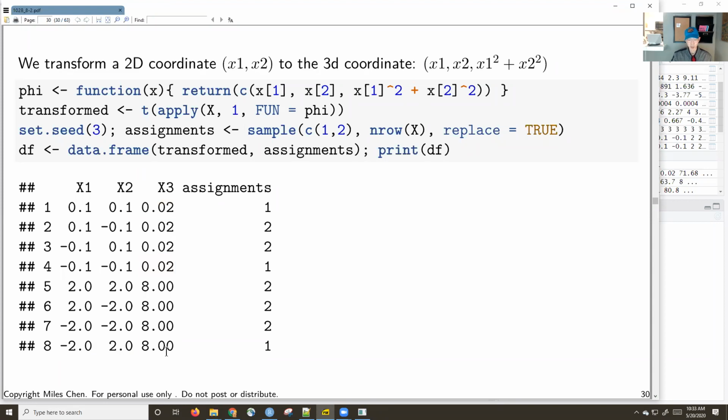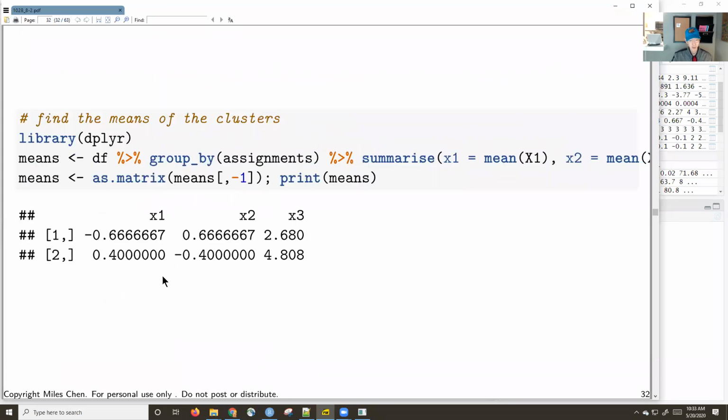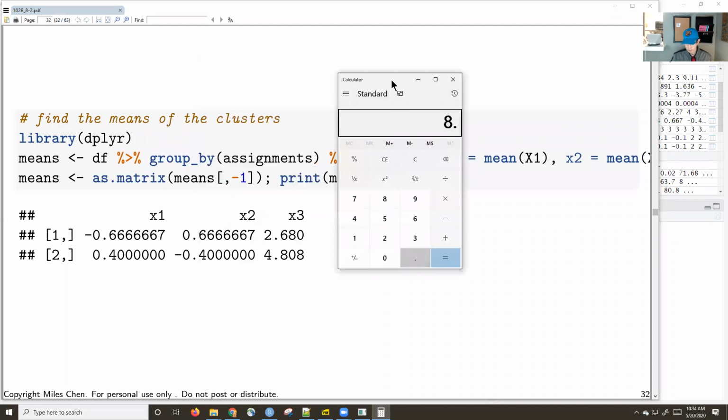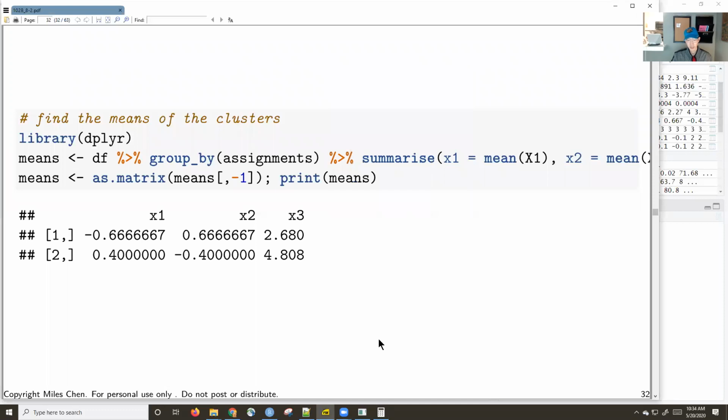I'm going to divide by 3. So -2 divided by 3 is -0.667, 2 divided by 3 is 0.667, and then 8.04 divided by 3 should be 2.68. Yeah, 2.68, okay?